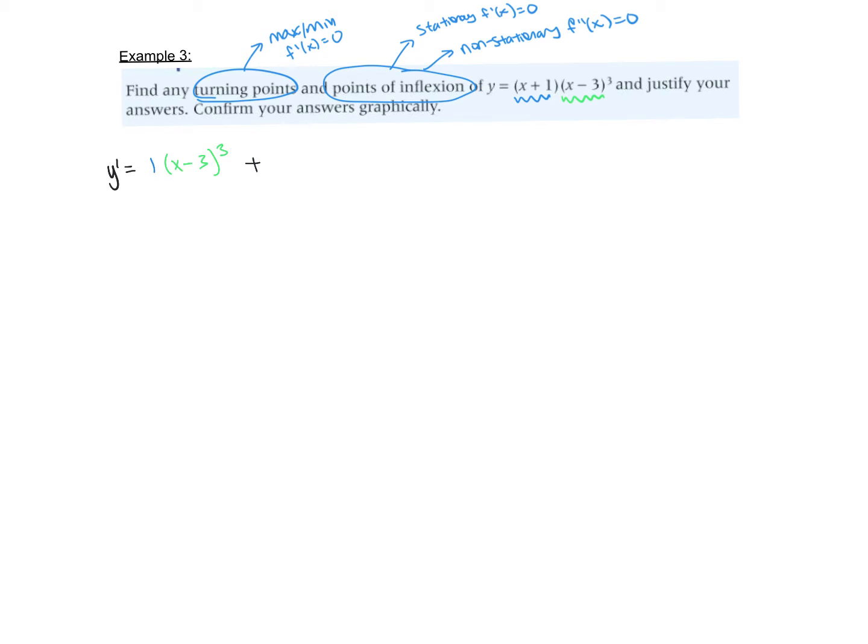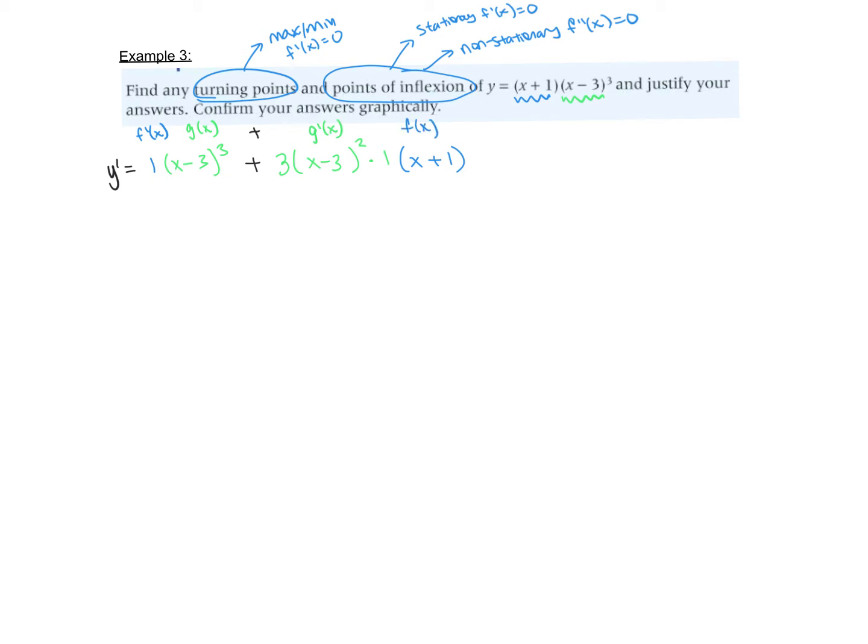Now we're doing chain rule: derivative of the outside, leaving the inside the same, times the derivative of the inside, then back to times the first function. Okay? So again, this is derivative of the first times the second plus derivative of the second times the first.